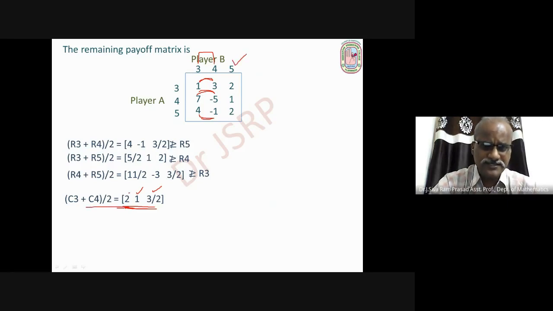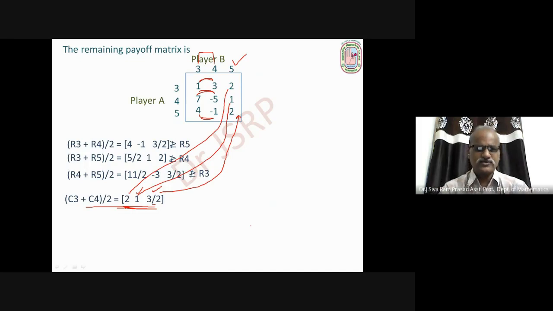Here the first element is 2, 2 equal to 2, the second element 1 equal to 1, the third element 3 by 2 is less than 2. So we consider this combination. This is less than or equal to C5, that is column 5. So the average of column 3 and column 4 is less than or equal to column 5.